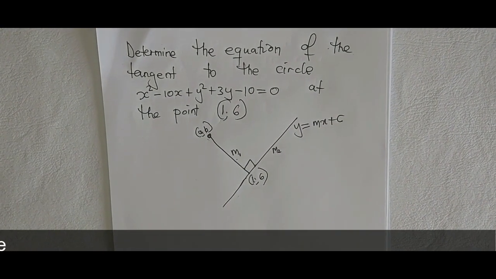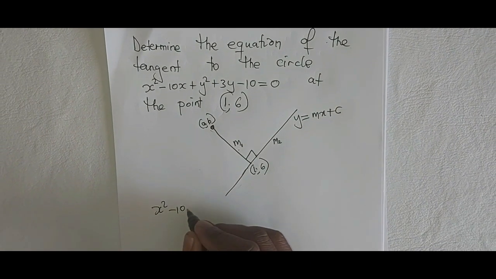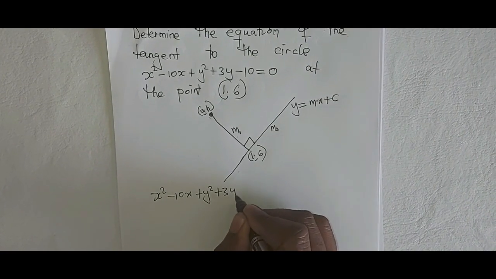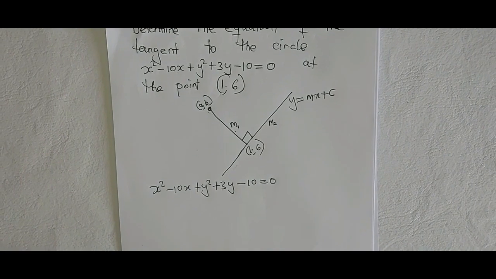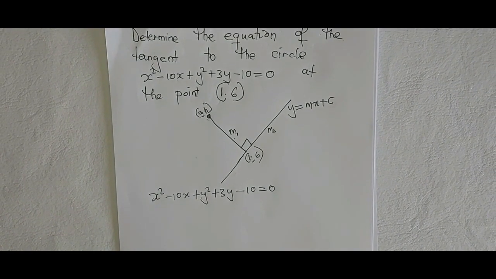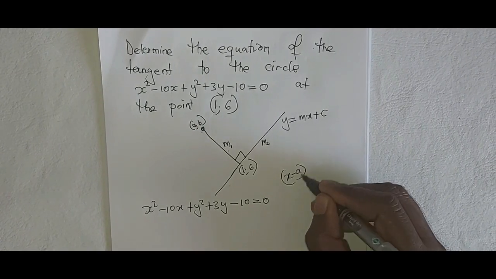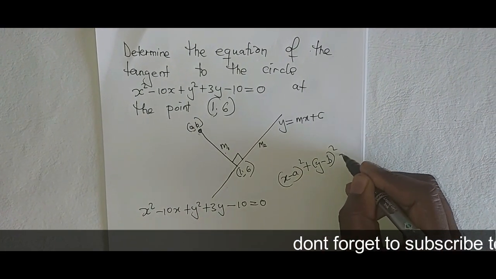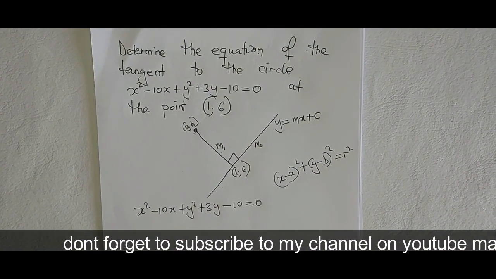Therefore, in this case, you are given x squared minus 10x plus y squared plus 3y minus 10 equals 0. Before doing anything, we must be able to express it in the form (x minus a) squared plus (y minus b) squared equals r squared, which means we must rearrange it and complete the square.